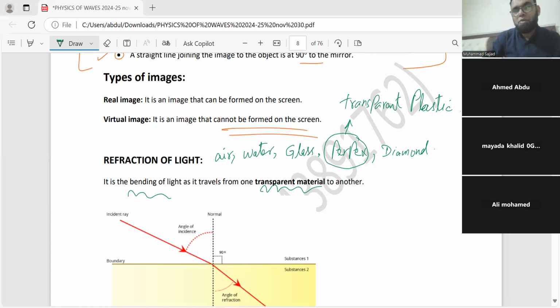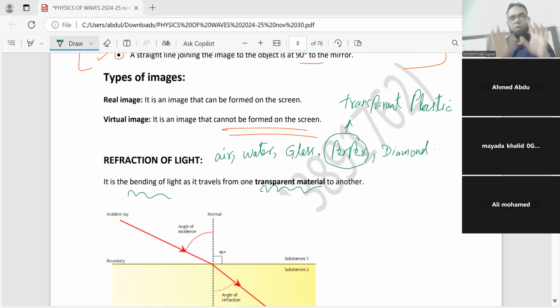Just imagine going this way, exiting the highway, the direction will change and the speed of the car will also change. So when we say refraction of light is taking place, even refraction of sound, it is caused by the change of speed.